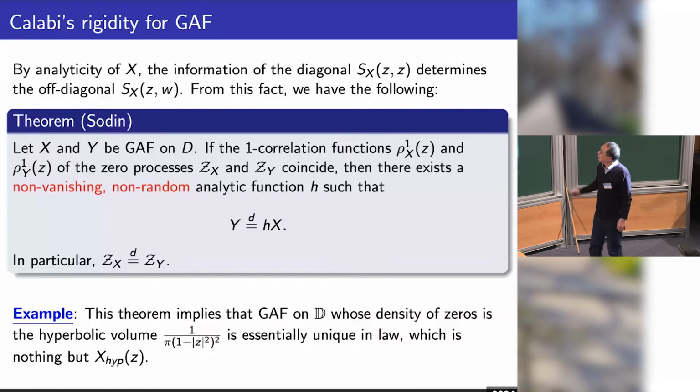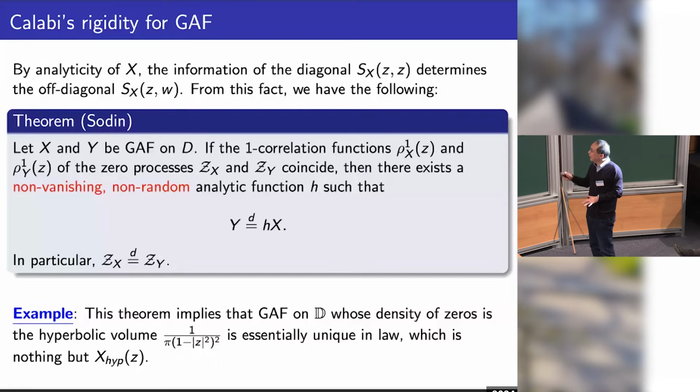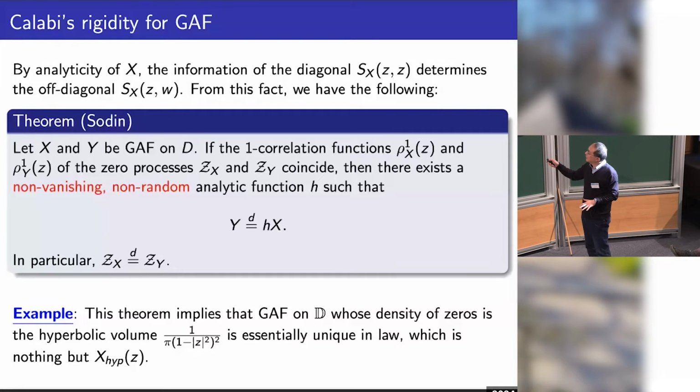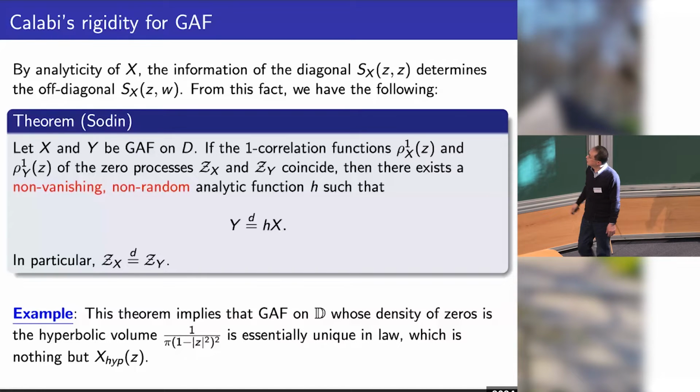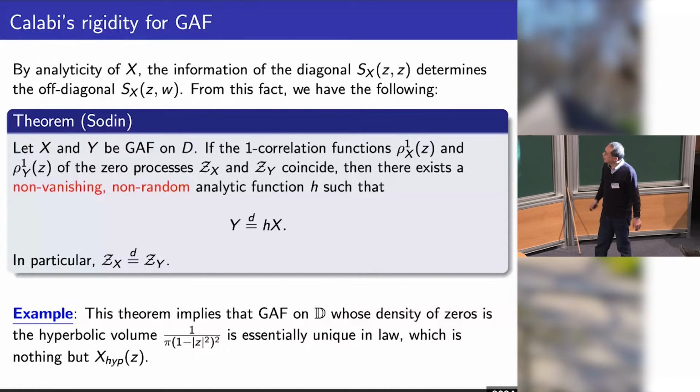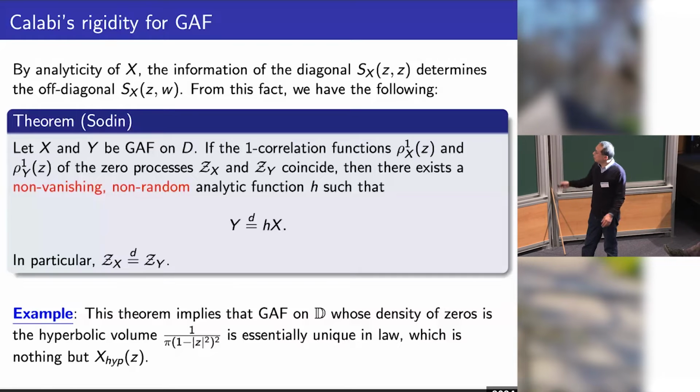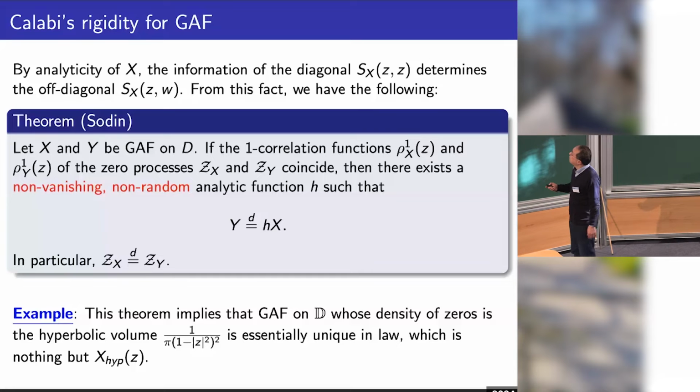So if you know the density function, then you know the analytic function. In this sense, the hyperbolic graph on D, whose density of zeros is the hyperbolic volume like this, is essentially unique in law, which is nothing but the original hyperbolic graph.